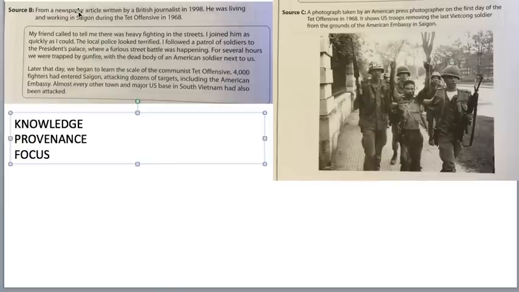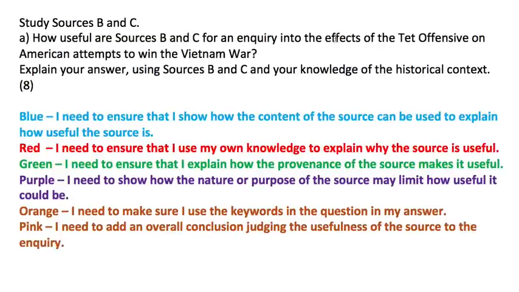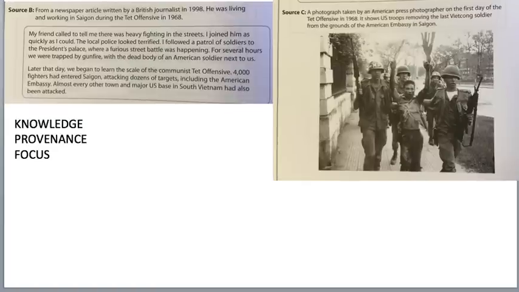And finally, it's a newspaper article, and newspapers are designed to sell. So perhaps he's over-exaggerating what the Tet Offensive was like, and in doing so, he makes it seem like it had a big effect on the American attempts to win the Vietnam War. A big negative effect, I would say.